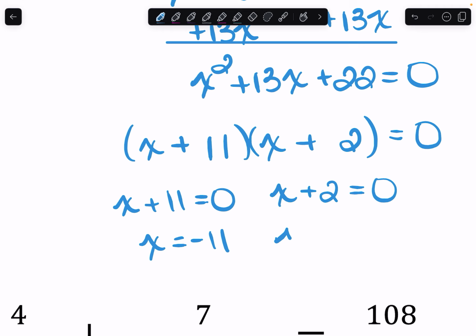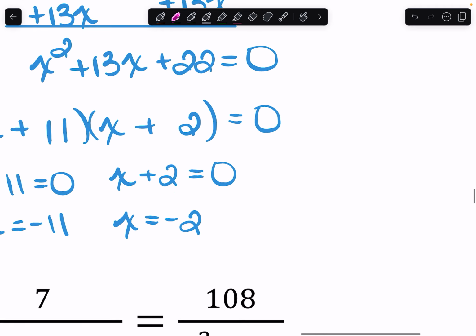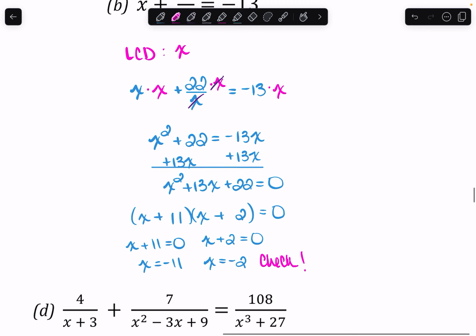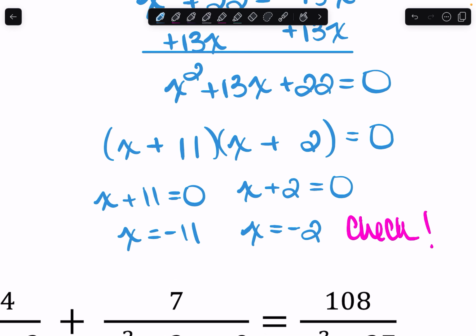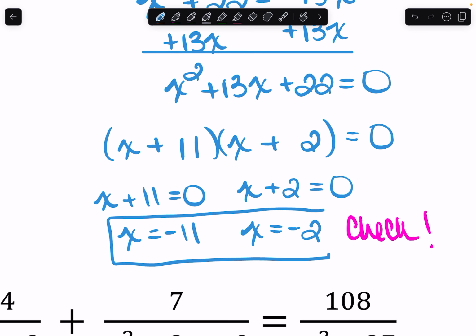We subtract 2 from both sides. And then check. Before you box it in, if variables are involved in that LCD, you need to check your solutions. Easiest way to check them is to plug them back into the LCD one at a time, and if any of those factors become 0, exclude the answer. Our LCD was just x, so when I plug either of those in, I do not get 0. That means they are both valid solutions.